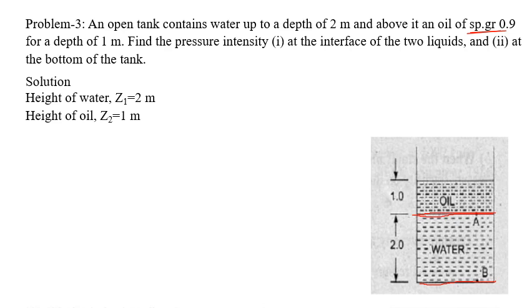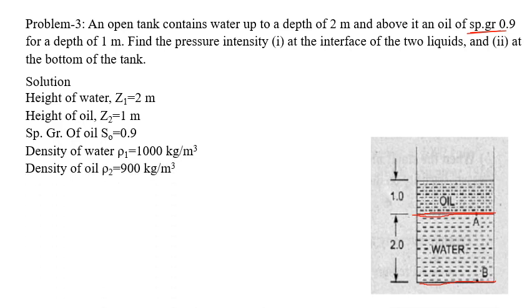The height of oil, Z2, is 1 meter. The specific gravity of oil, S of O, is equal to 0.9. The density of water ρ1 is equal to 1000 kg per meter cube. The density of oil, calculated using the specific gravity, is ρ2 equal to 900 kg per meter cube.